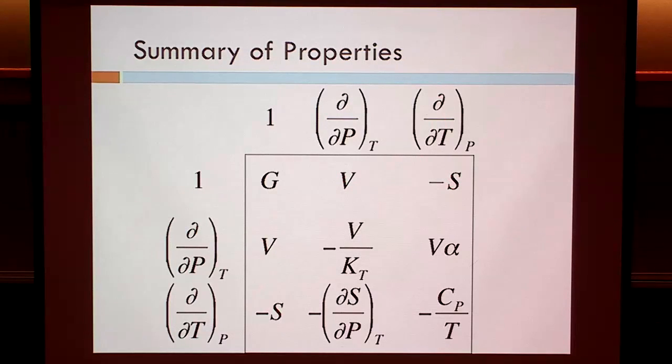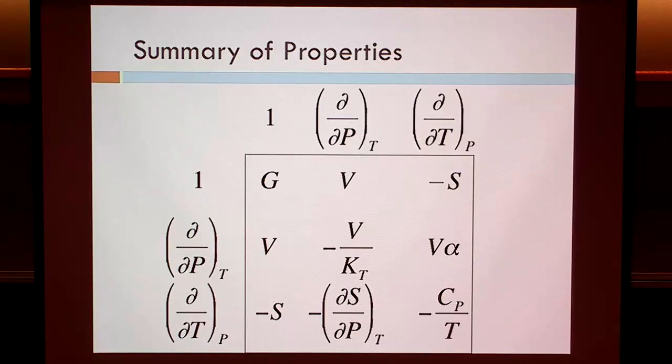Second derivatives are more interesting. Take two pressure derivatives, you get the bulk modulus. That pops out. Take two temperature derivatives, you get the heat capacity. Take the mixed derivative, pressure then temperature or temperature then pressure, you get the Maxwell relationship that I just wrote on the board there.